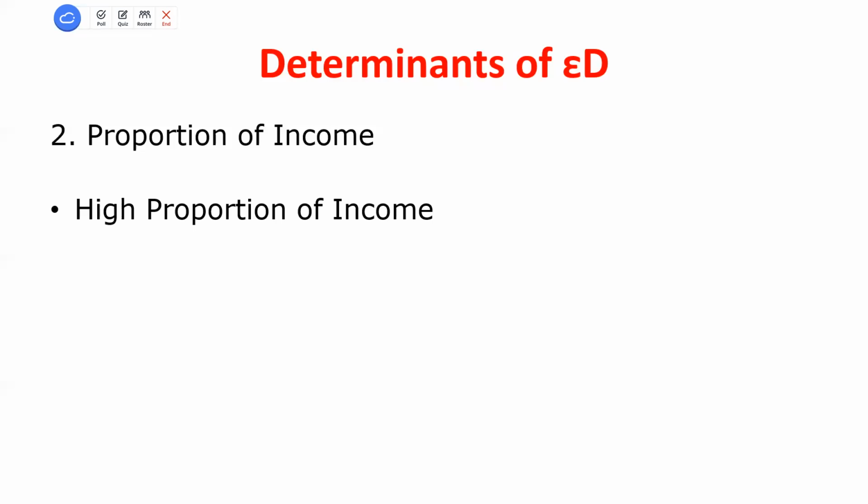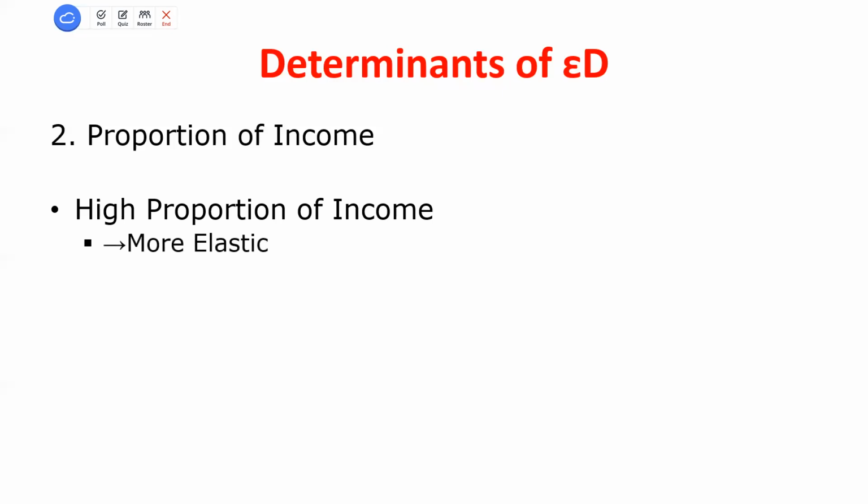If I'm talking about a car, and I can find the same car even $500 cheaper, that's a pretty big proportion maybe of my income, but that might be a really small percentage change in the price of that car. If I'm going from 30,000 to 29,000, that's a small percentage change, but it's a large proportion of my income, so I'm going to be very sensitive to whether or not I buy that car with that price change.